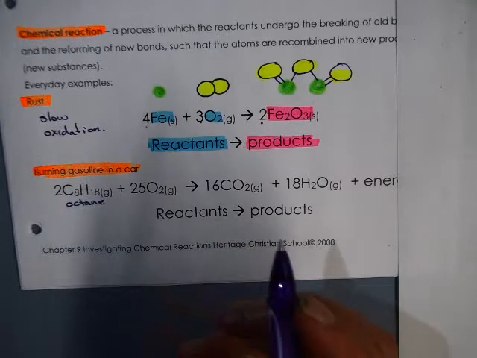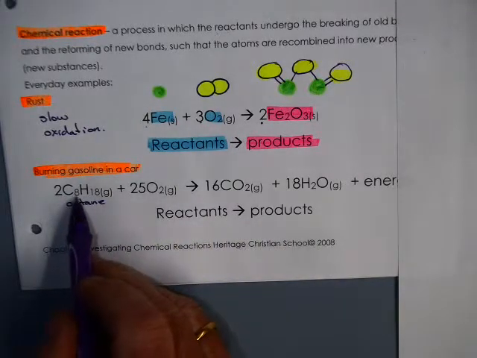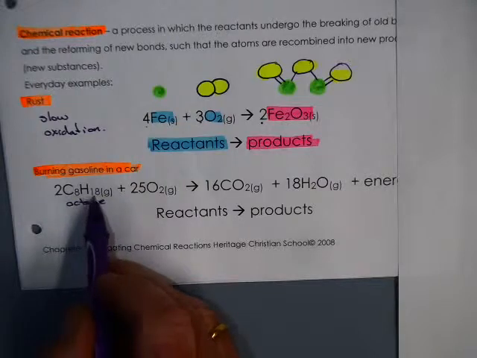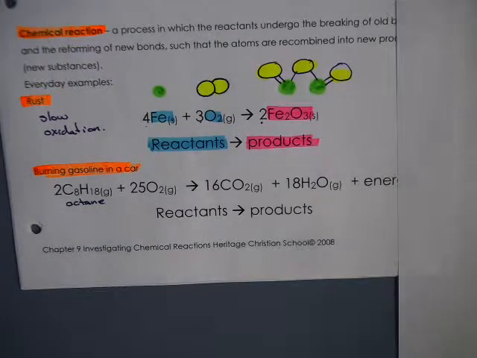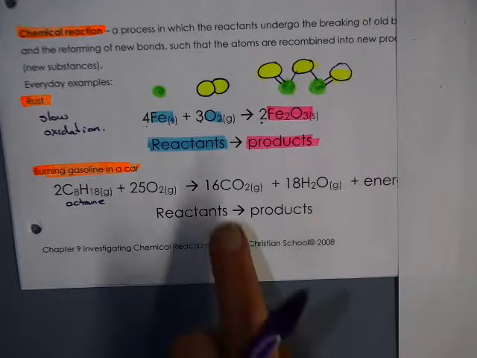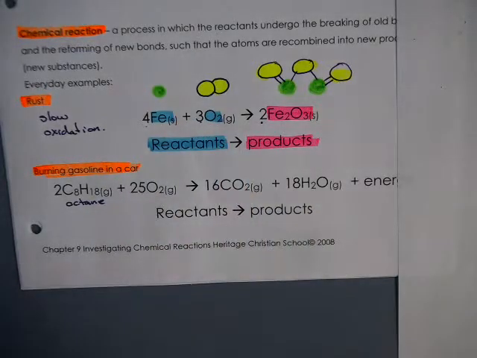So I just say, let's call it octane. And octane has 8 carbons and 18 hydrogens. So it's a long chain with 8 carbons in it, and hydrogen. And when it burns in the presence of oxygen, just like iron does.